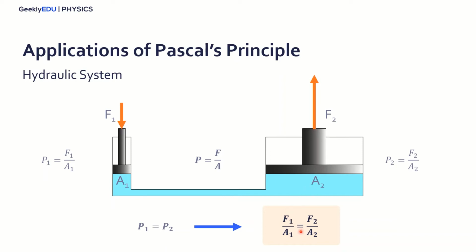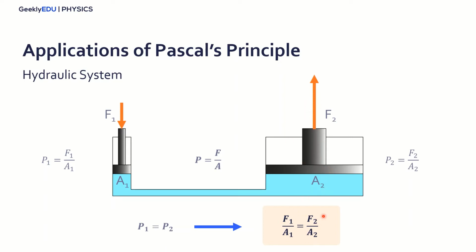This is pretty useful, pretty interesting, okay? Because what matters here is not the amount of force or the area, but this ratio of force over area. So for a small area like this, we can apply a small force and we can multiply this force on the other side by increasing the area.